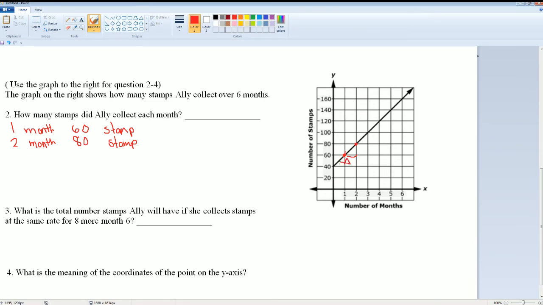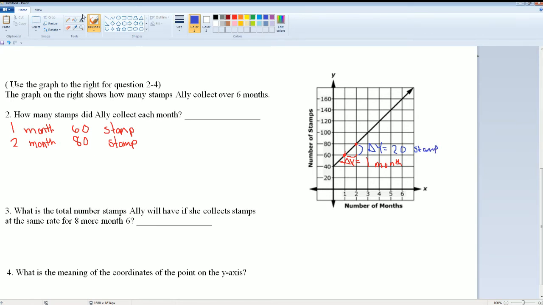Our delta x is how much? 1 month. And our delta y going up there is how much? 60 to 80, which is 20. So 20 stamps.